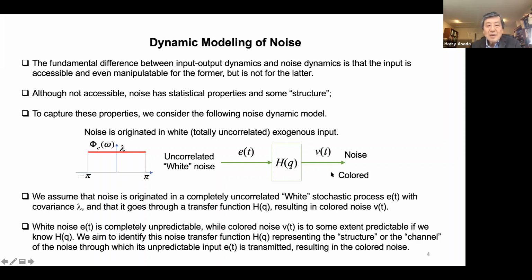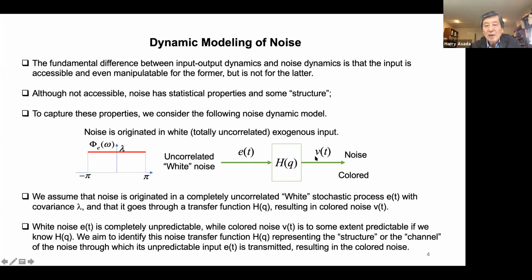Okay, so the reason why we bring in this structure is that white noise is completely unpredictable. We can't do anything, okay? But after going through some dynamic process H(q), v(t) tends to be colored. If you take the power spectrum, it has some specific shape, right?